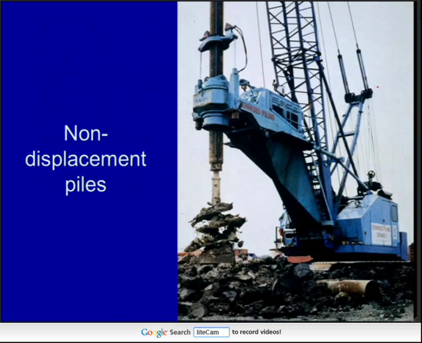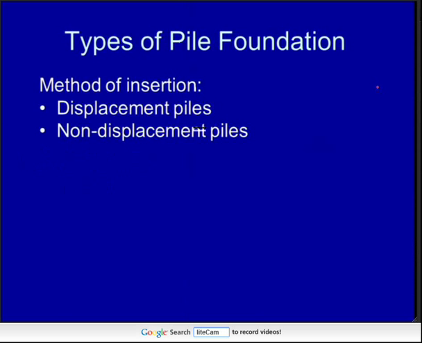And for that type of pile, you get slightly less relaxation than you would with a completely bored pile. So there are little tricks they use in construction, usually developed to cope with particular soil types, particular geological situations. Okay, so that's why we need to know about method of insertion.